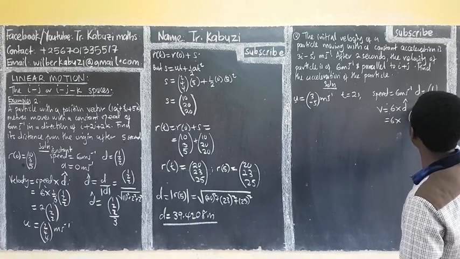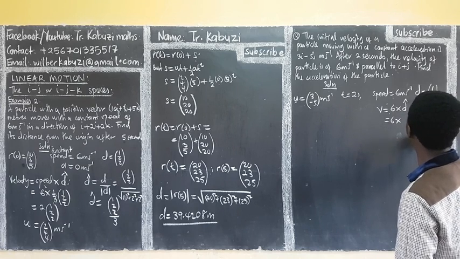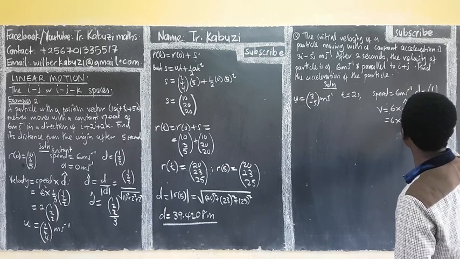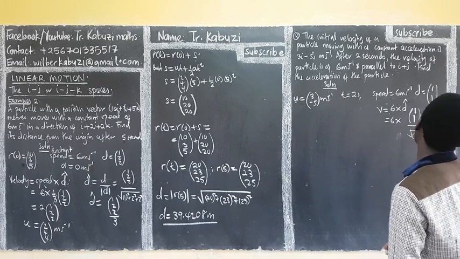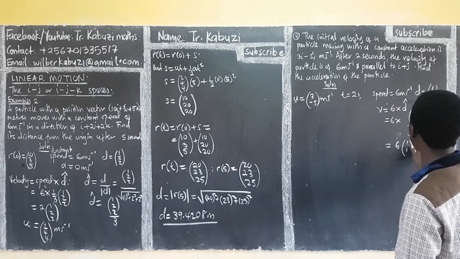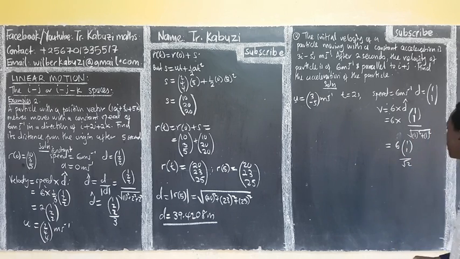We get this vector, 1, 1, then under its magnitude, root of 1 squared plus 1 squared. So this is root 2. Okay, this will give us 6 times (1, 1) over root 2. I think you know how we can rationalize this. 1 over root 2 is the same as root 2 over 2.